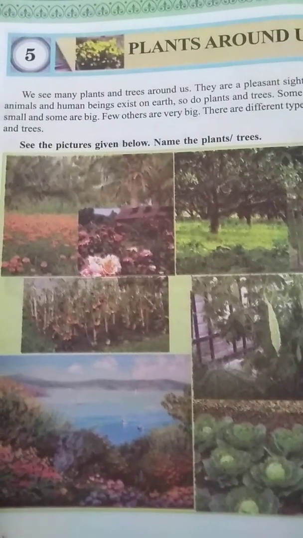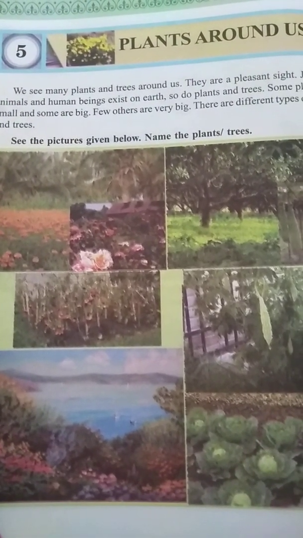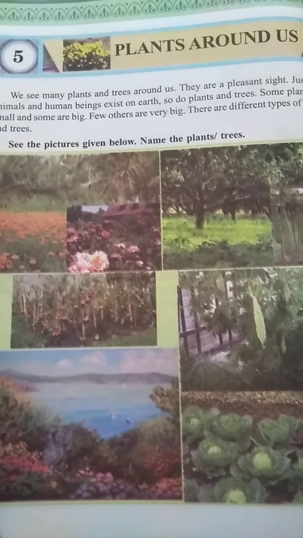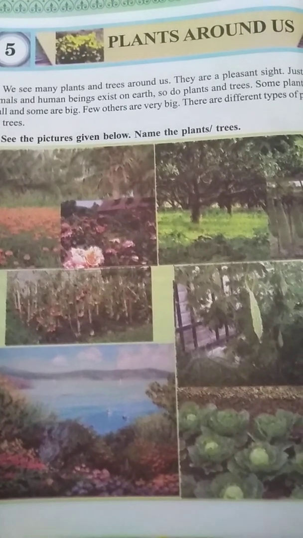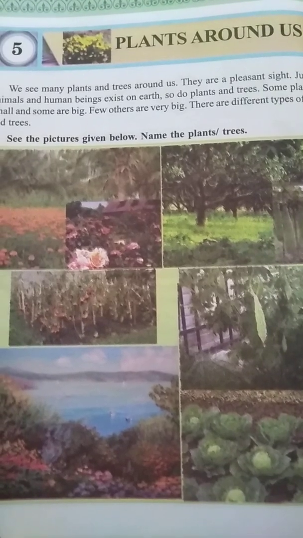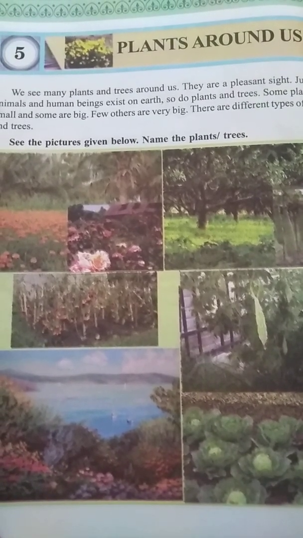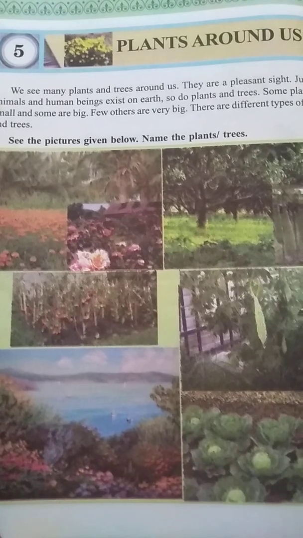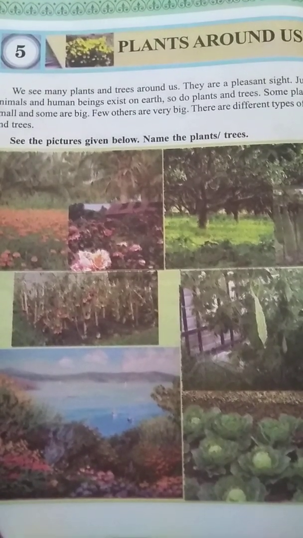So children, we see many plants in our surroundings. Are you all missing your school? In our school also we have many trees and plants. What trees are there? Tell me.